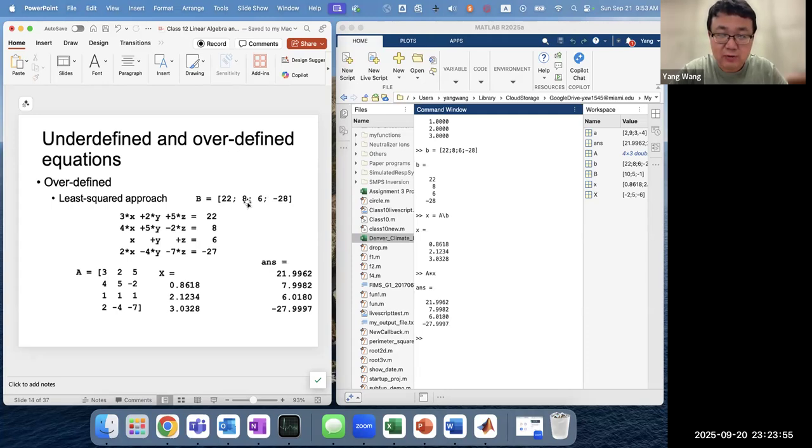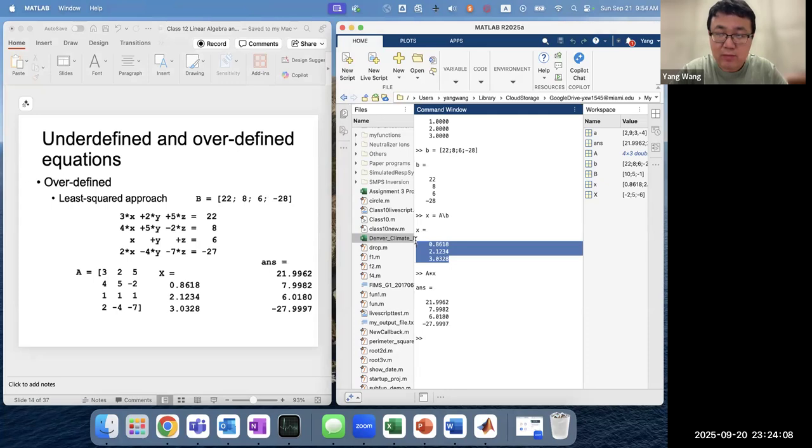There's no way we can force X, Y, and Z to satisfy this requirement exactly, which is good, because this way we actually get more accurate X, Y, and Z from our different methods of observation.